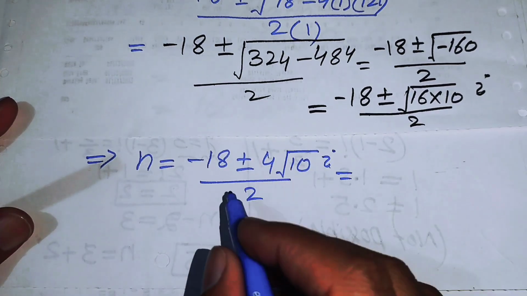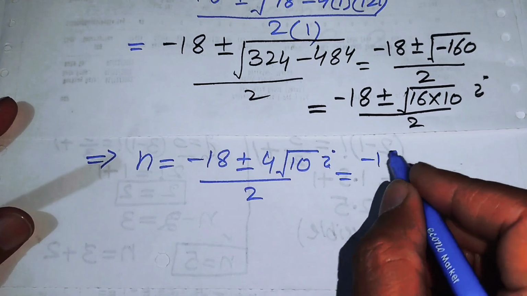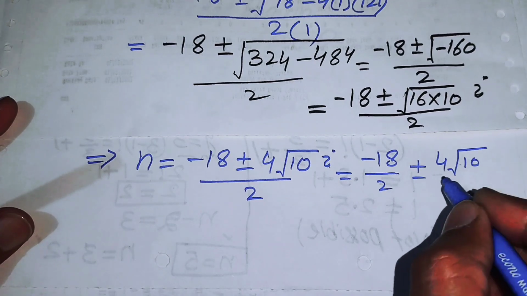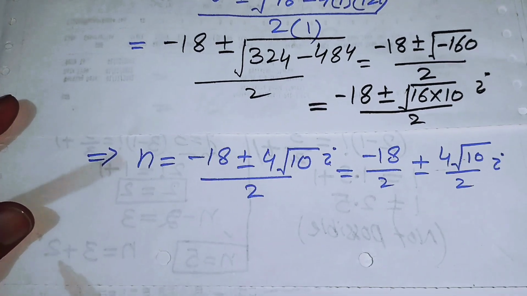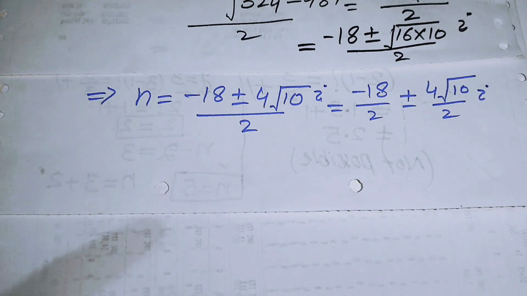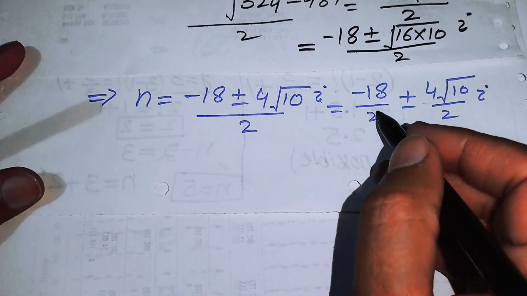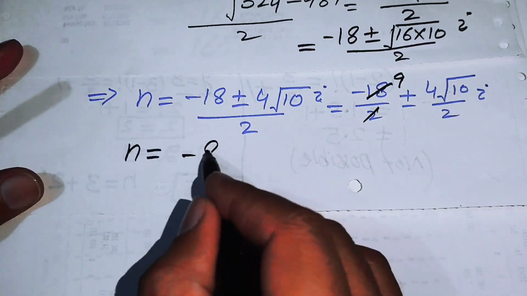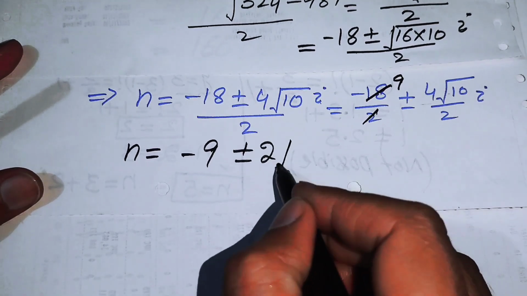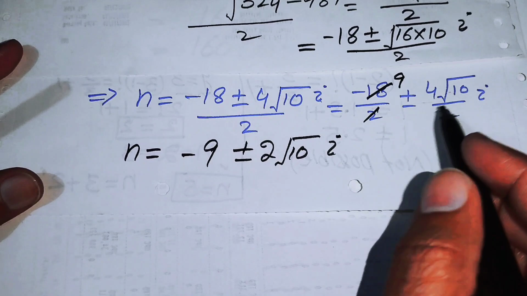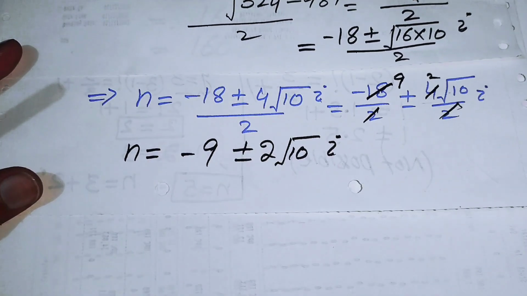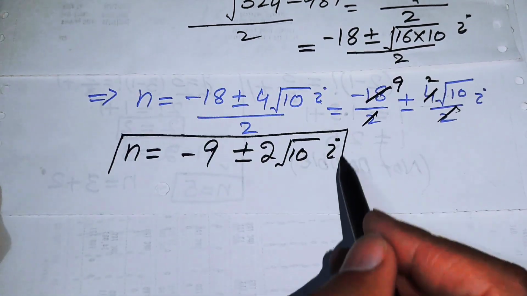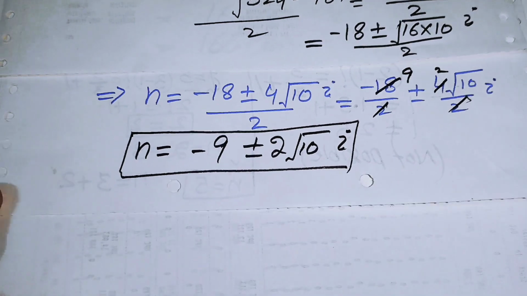And now we separate these two terms, and we obtain minus 18 over 2 plus minus 4 times square root of 10 over 2 into iota. Now we cancel these terms, and 2 nines are 18, and we obtain n equals minus 9 plus minus 2 times square root of 10 into iota, because 2 twos are 4. So this is our value of n, and this is the final answer of this problem.